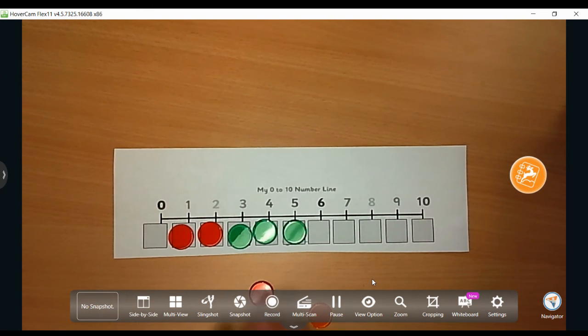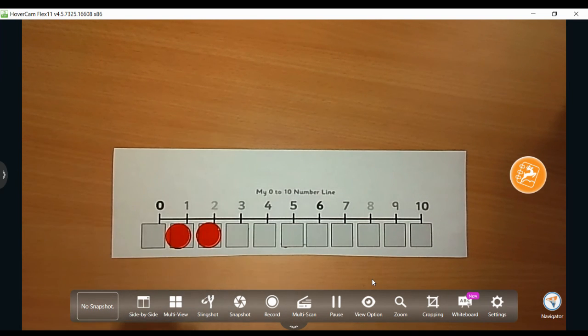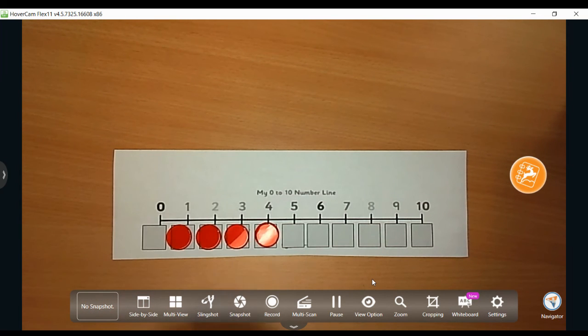How many dots are in all? 1, 2, 3, 4, 5. I could also use this for a subtraction problem. There are 4 red dots on the number line. 2 red dots hop off. How many dots are left?